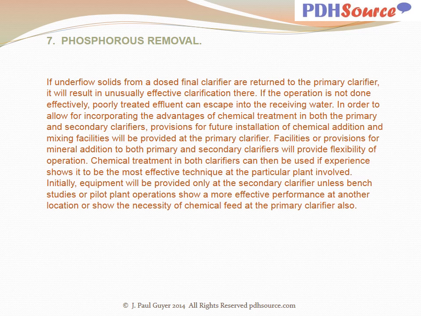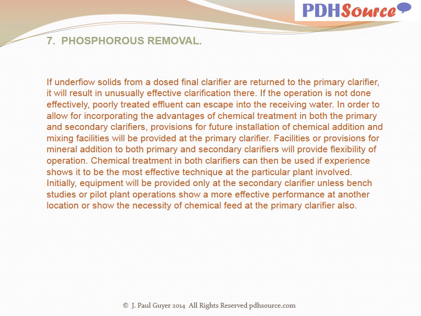In order to allow for incorporating the advantages of chemical treatment in both the primary and secondary clarifiers, provisions for future installation of chemical addition and mixing facilities will be provided at the primary clarifier. Facilities or provisions for mineral addition to both primary and secondary clarifiers will provide flexibility of operation.